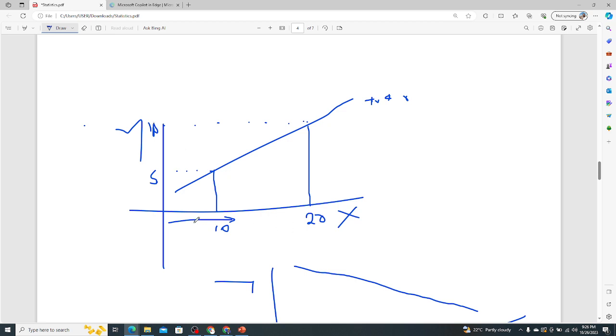As we increase the x value from 10 to 20, the y value also increases from 5 to 10. So for a positive linear regression line, as one variable is increasing, the other variable is also increasing.